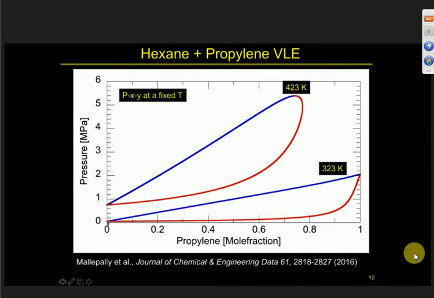The blue curve is a bubble point curve, and the red is a dew point curve. Then at a higher temperature, you again see the bubble point curve and dew point curve, but it's not hitting this axis. That means the mixture critical point is above this overall solution concentration. It's like a single phase.